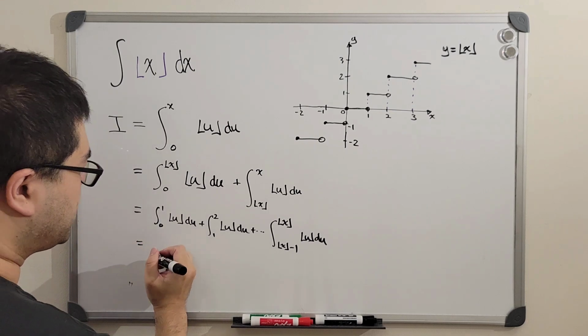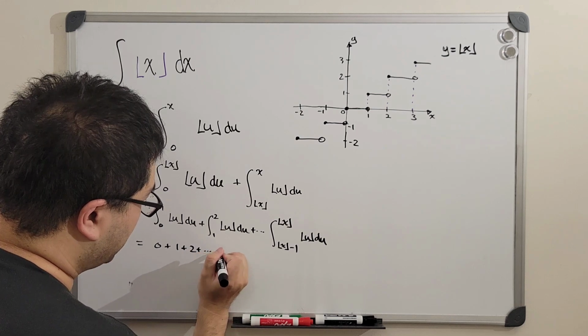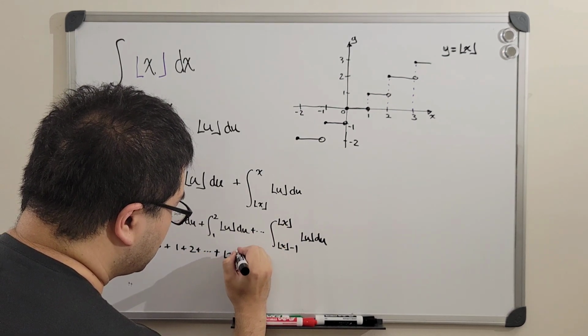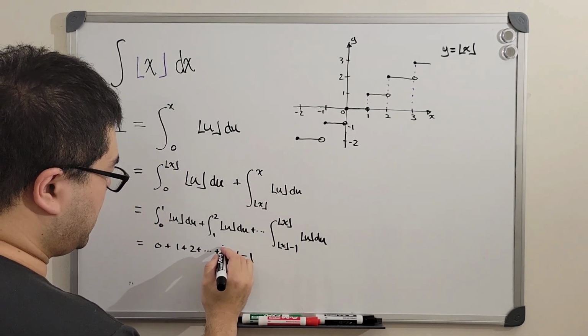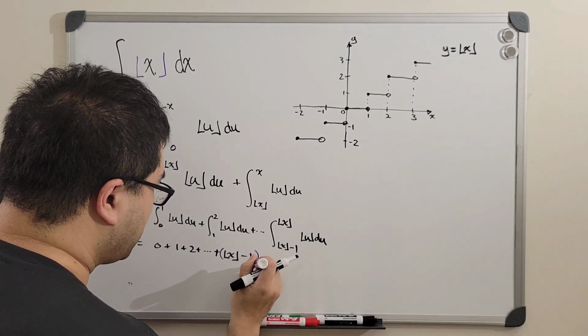So in this case, we have 0 plus 1 plus 2 plus all the way up to the floor of x minus 1. Let me put parentheses here to refer that this is the last term.